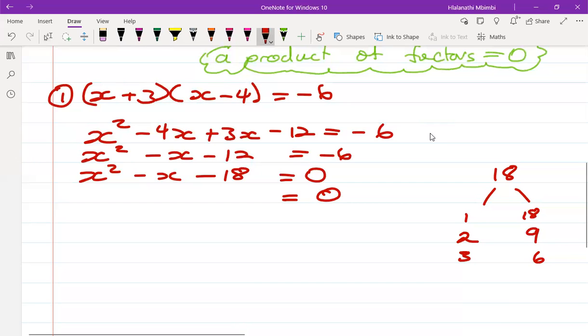Can you divide 18 by 4? No, you can't. So these are the factors. Oh, this is ugly.